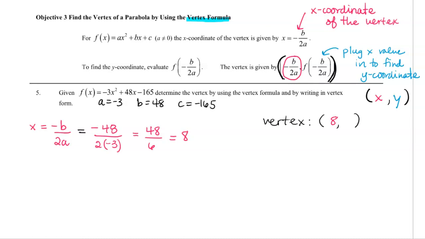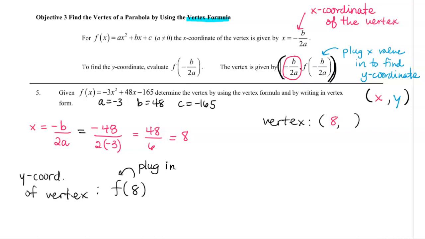To find the y coordinate of the vertex, we're just going to plug 8 into the function. Remember this from an earlier lesson, this is a function composition. All this means is plug in x equals 8. So I'm going to be looking at this function here, and I'm going to be replacing all of those x's with 8.